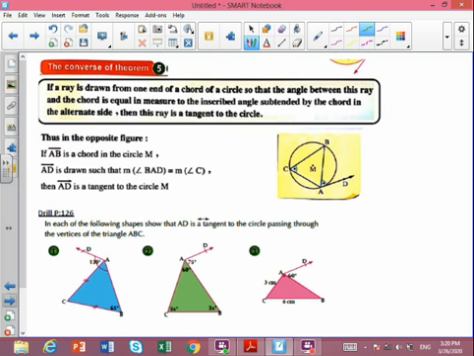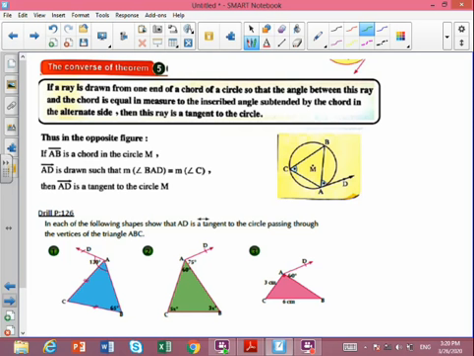Okay, the last part we have here is the converse of theorem 5. We said that theorem 5 says what? Theorem 5 says that the measure of the angle of tangency equals the measure of the inscribed angle subtended by the same arc. Here is the opposite.